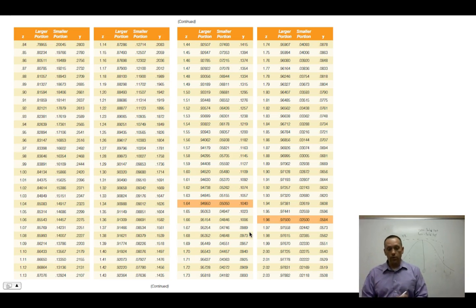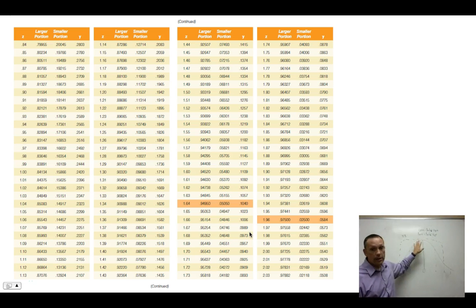Now what I want to know is not the approximation. I want to know the exact z-score where I capture 5% of the population. That's 2.5% on the extreme end here, and remember, because this is a symmetrical distribution, a mirror image, whatever happens over here also happens over here.